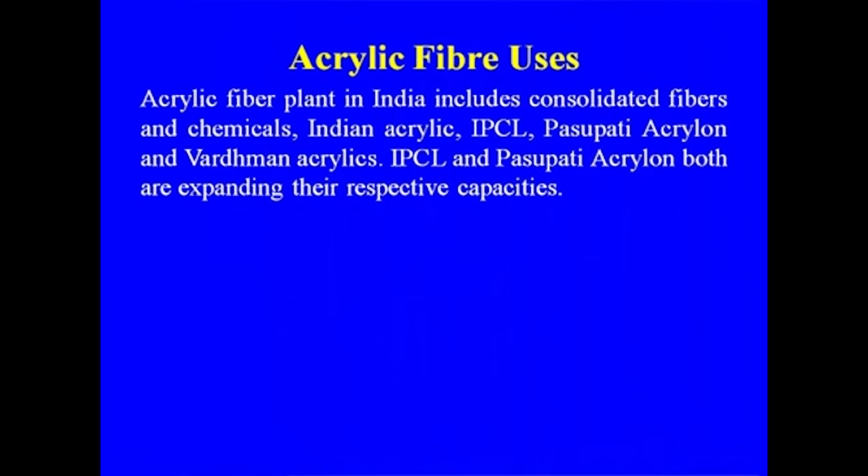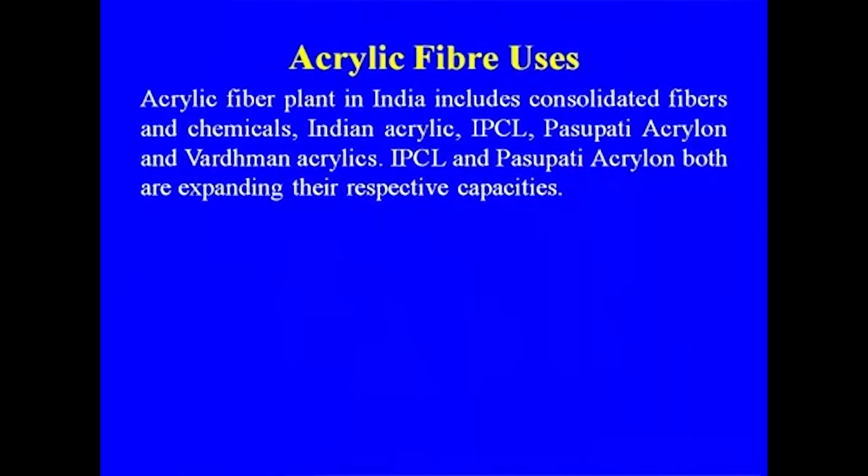Another important one is Bardhaman Acrylics, because Bardhaman wool and other things are very important, so they have also gone into making acrylics. You see, the cost of natural wool is very high in comparison to acrylic fiber, and that is the reason why it has almost completely replaced the conventional wool material in hosiery and other applications.